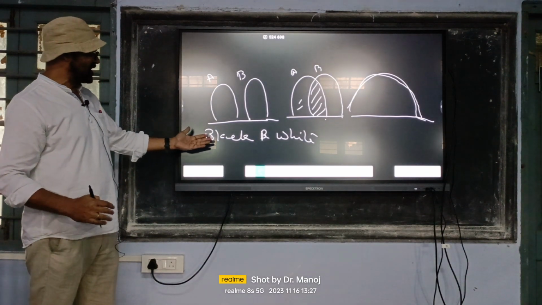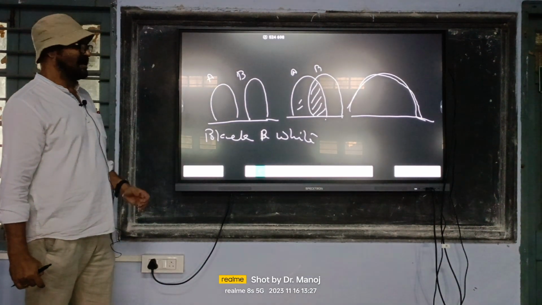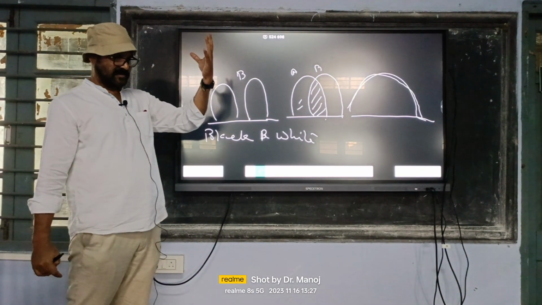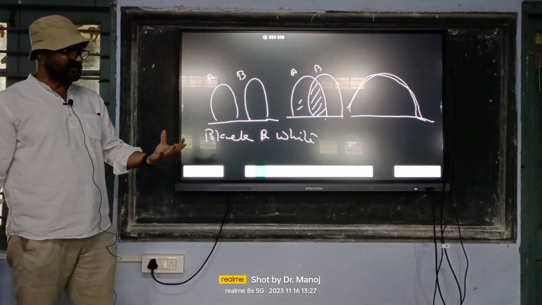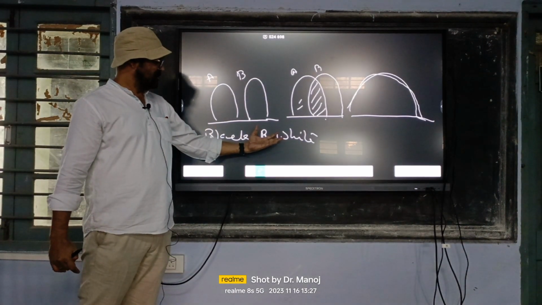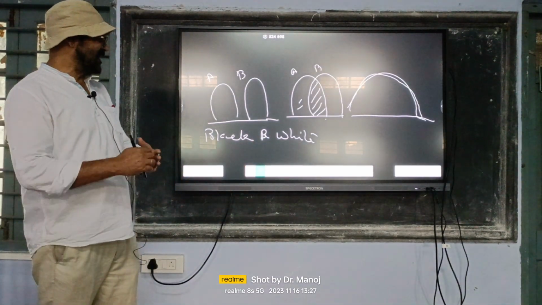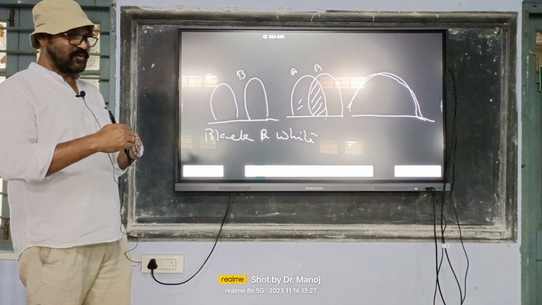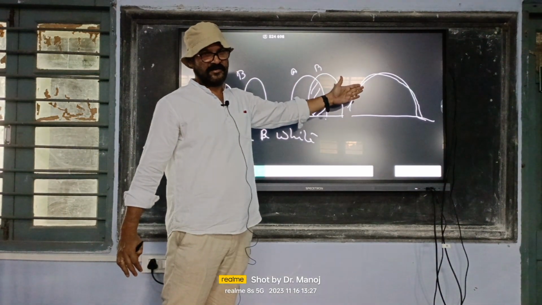The black rhinos are generally browsers. They eat high growing shrubs. They browse the leaves of trees, mainly shrubs. And the white rhinos are grazers. They graze herbs and grasses. That way they avoid competition for food, but there will be intense competition for space.